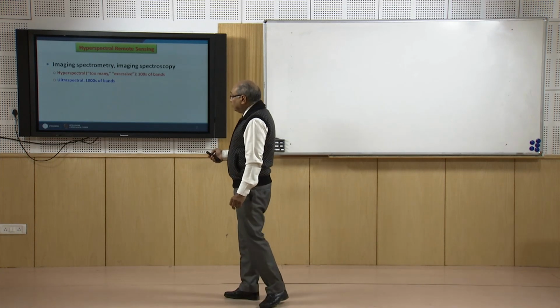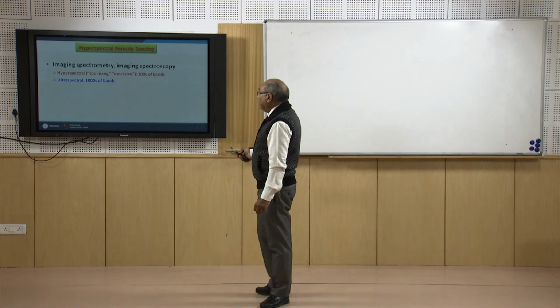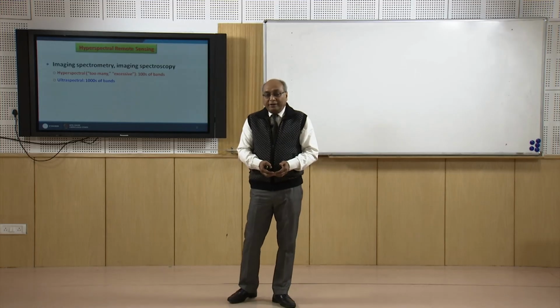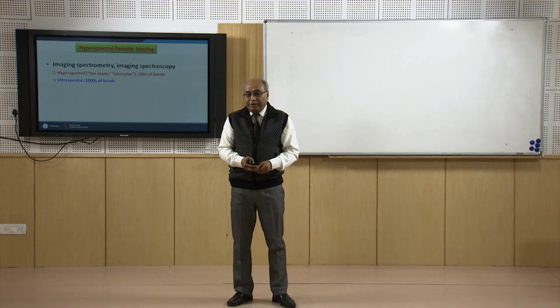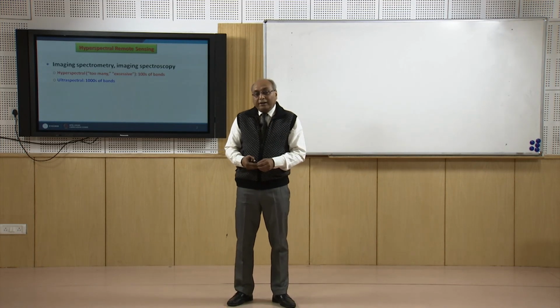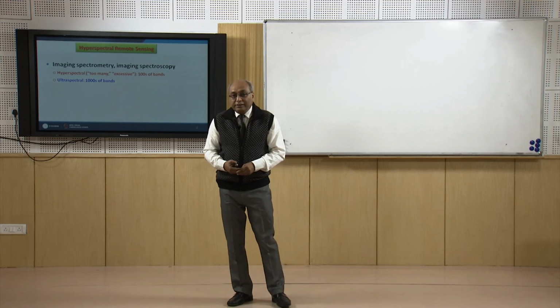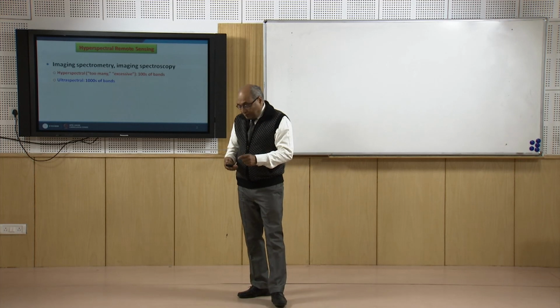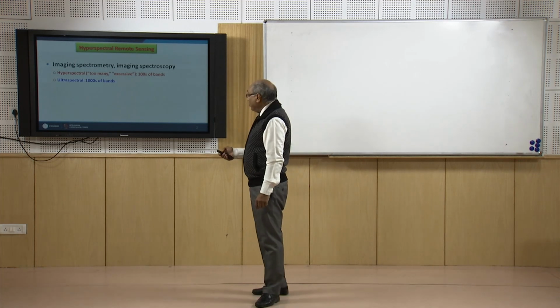We use the term hyperspectral when we have too many or excessive bands. Initially, with Landsat MSS, we had only 4 bands. Now in the Landsat OLI series we have 11 bands. So we have progressed only that much, but now it is possible to have hundreds of bands.